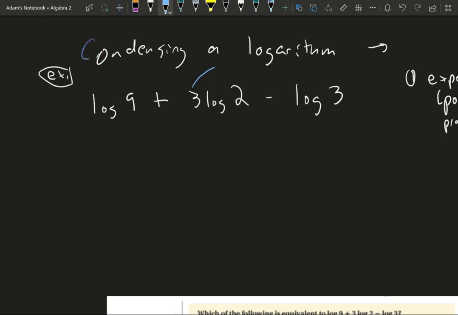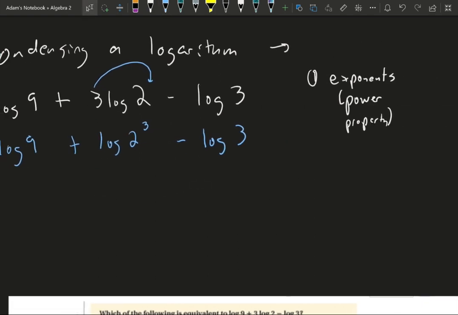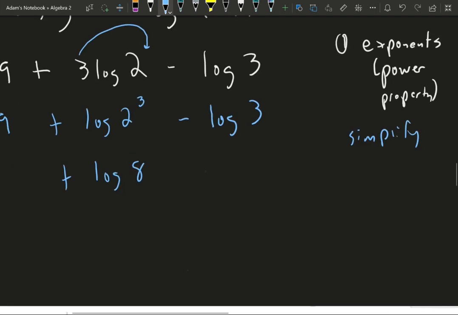We can take that 3 and put it right in front. So that'll be log of 2 to the 3rd power. Okay, and then bring everything else down. All right, no problem. And then I want to go ahead and simplify anything that I need to. 2 to the 3rd is 8, so that's just going to be log of 8.